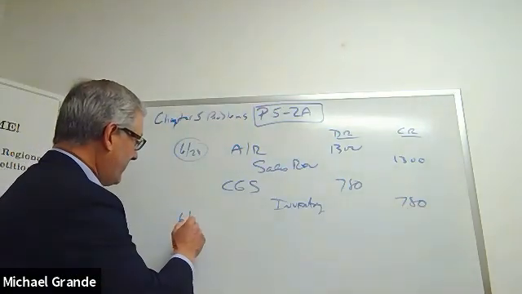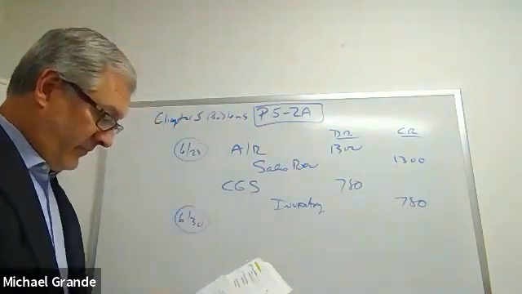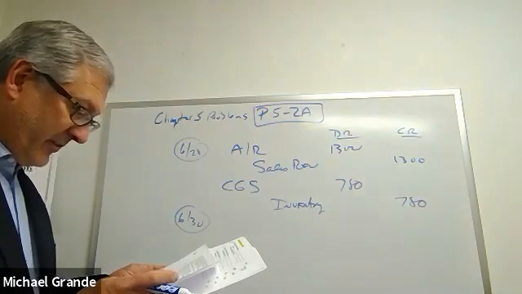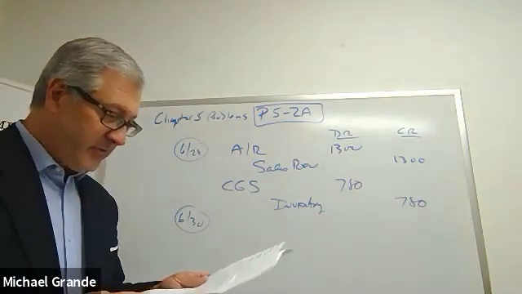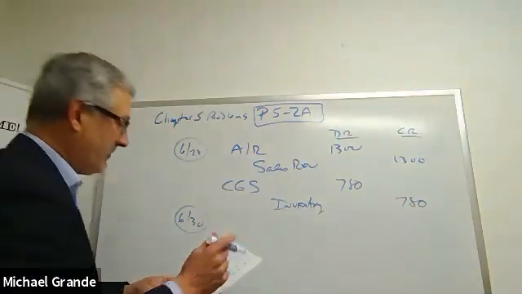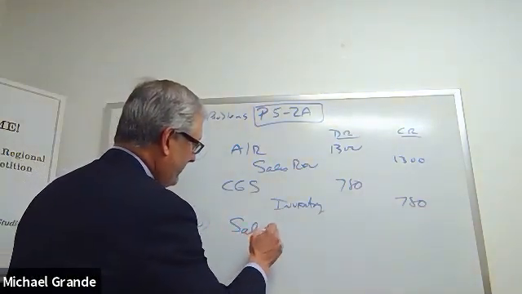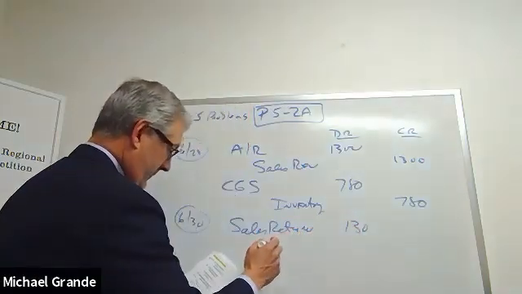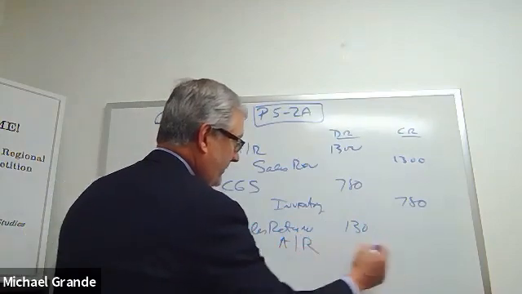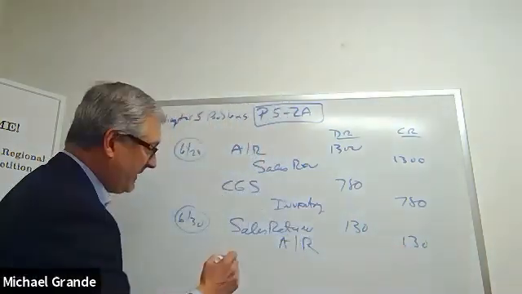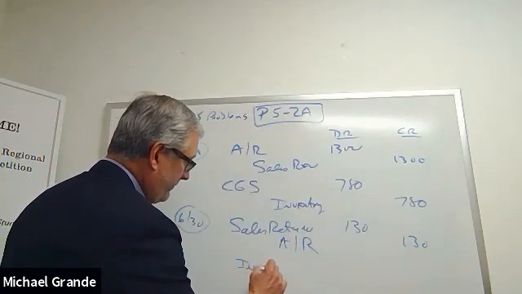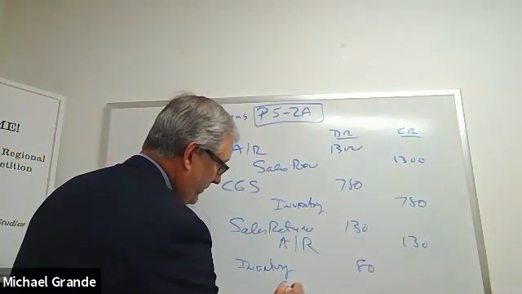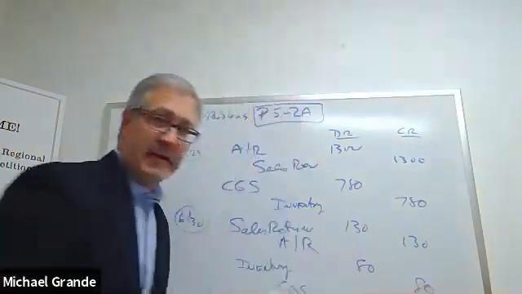And then lastly, on 6/30, granted General Bookstore $130 credit for the books returned costing $80. So we have a sales return for the amount of the sale, credit accounts receivable, and we've got to put back in inventory at its cost, which was $80, credit to cost of goods sold, $80.